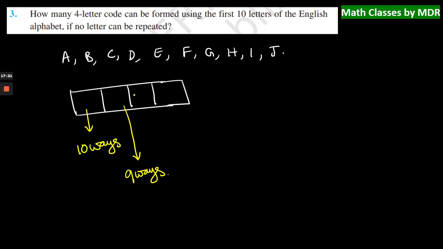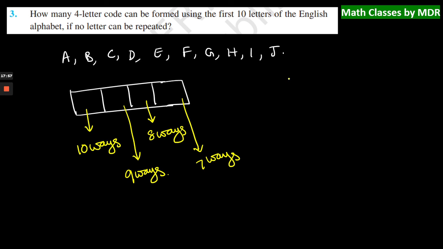Now I have used 2 alphabets. How many ways can I fill this? Already 2 I have used, so there are only 8 alphabets available. So 8 ways I can fill this. And what about this one? I have already used 3 alphabets, so only 7 alphabets are available to fill this box, so 7 ways we can fill.